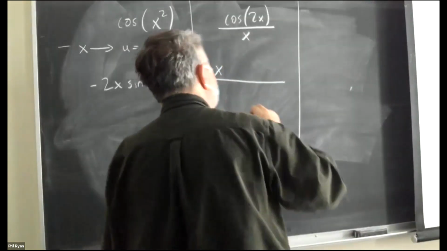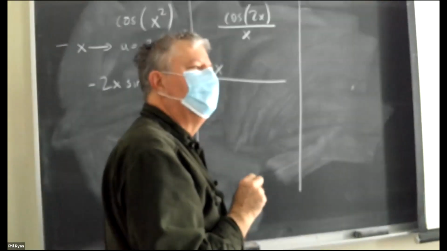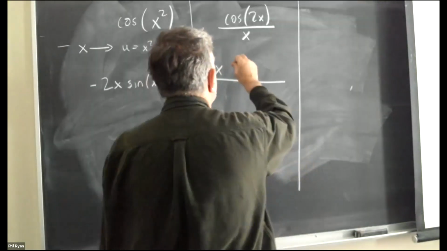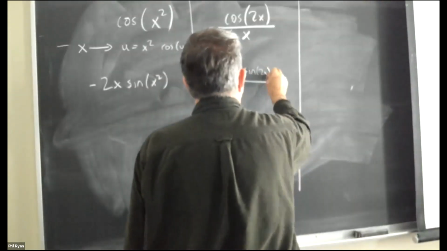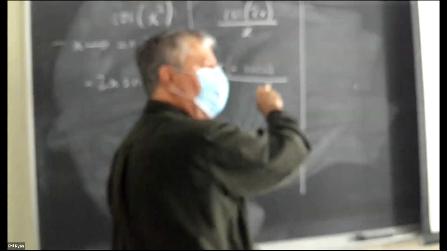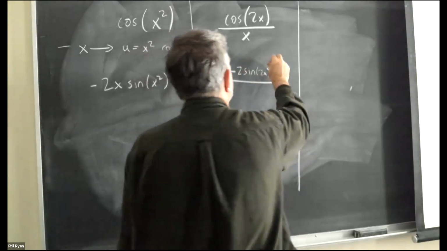Okay, what's the rule for this one? Okay, so we know then that it's low, what's the derivative of the high? Negative sine 2x. What did you forget? Maybe I didn't. Yep, the 2.